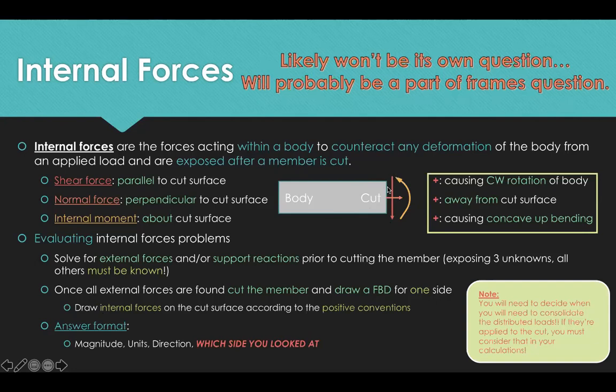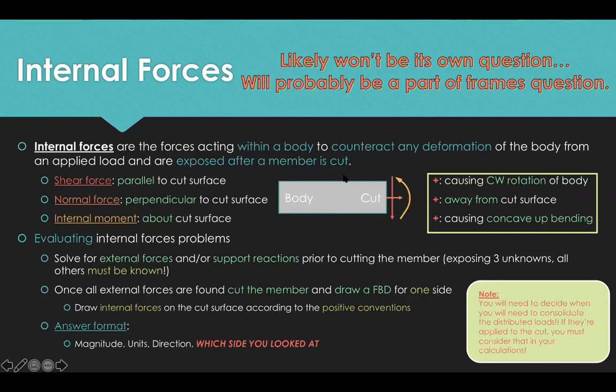Because you'll have one unknown in the y direction, so you sum the forces in y and solve for that. One unknown in the x direction is your normal force, so sum the forces in x and solve for normal. And then you take a moment about your cut. So you do this moment plus force times distance on every other moment acting on the body, and then you solve for that.